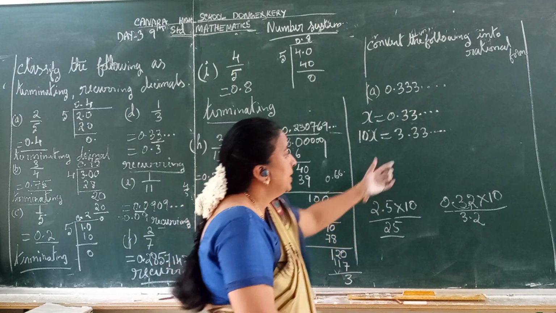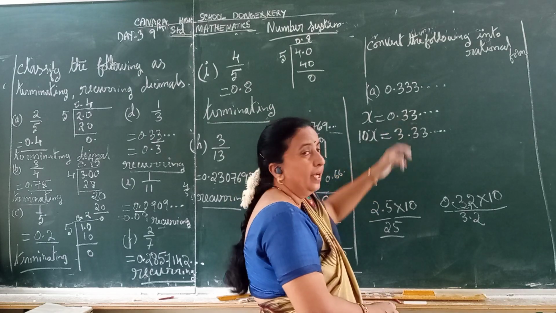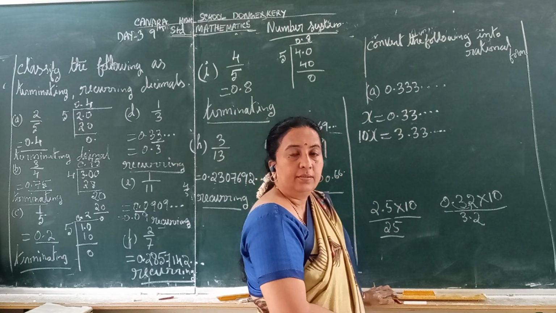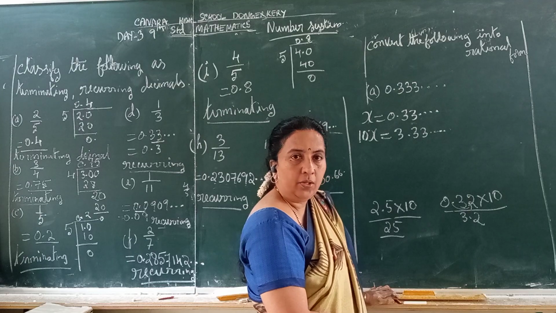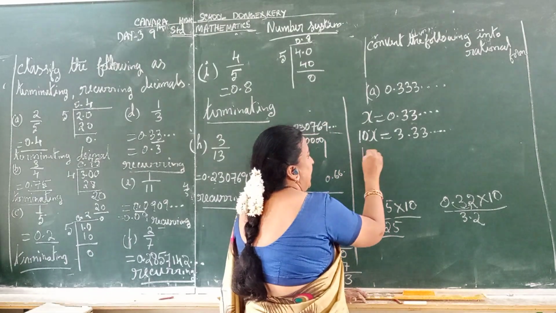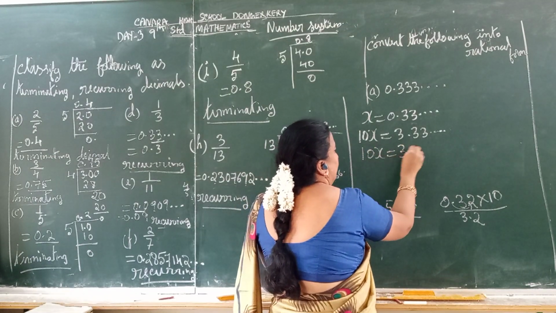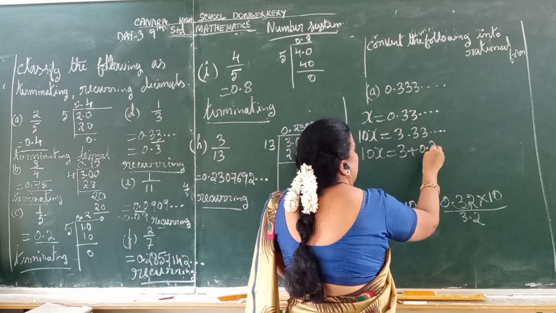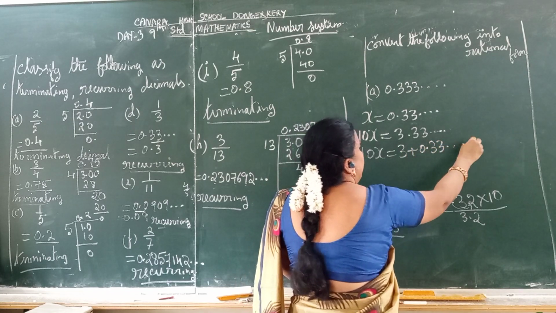Now this 3.33 can be written as 3 plus 0.333, no? 10x is equal to 3 plus 0.33.